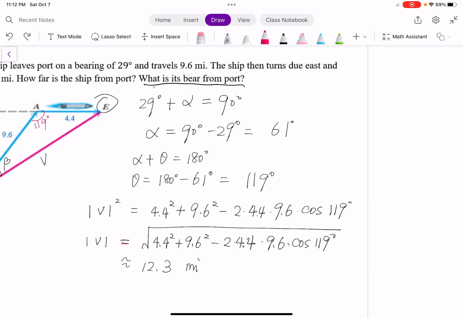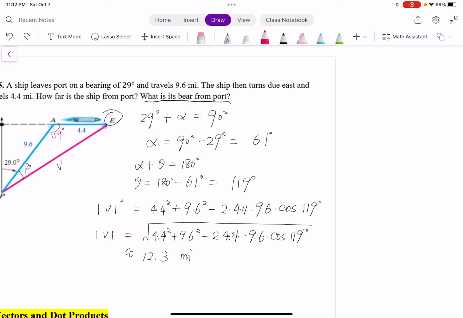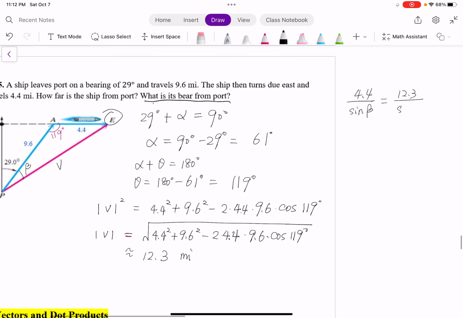How about using the law of sine, because we used the law of cosine to find the side opposite 119. Opposite of beta is 4.4. So 4.4 over sine beta equals, opposite of 119 is 12.3, divided by sine 119 degree.